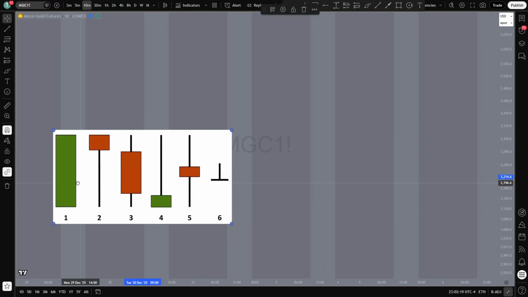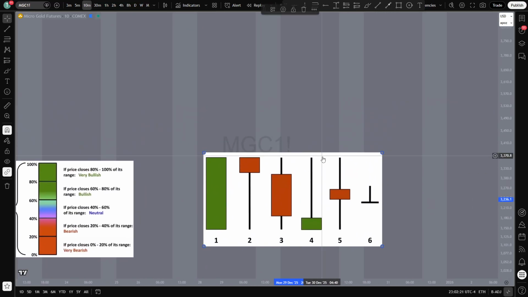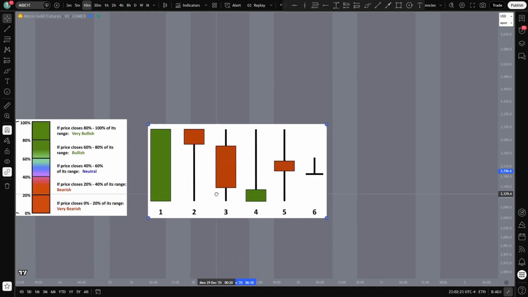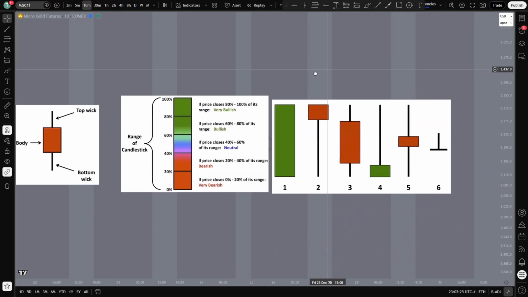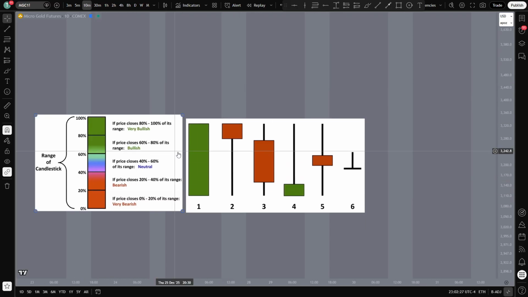And here we have a nice quiz. Answer me, what are these candles based off of the range? I want you guys to just look at this, and now is when you are going to have to put in some work. Look at this and then look at this. I'll make sure I put the answers in the description of the video so you guys can see. This is just a quick quiz for you guys to lock in.